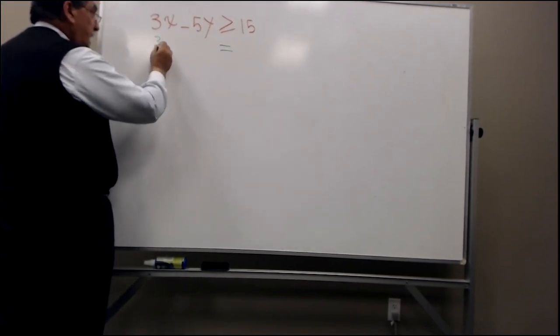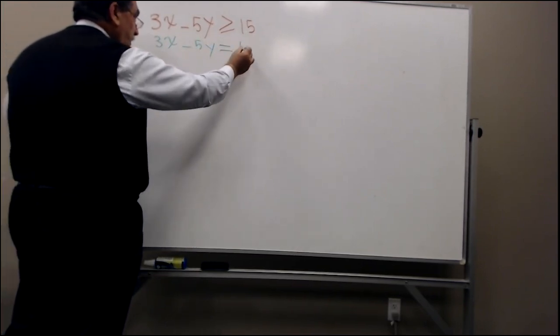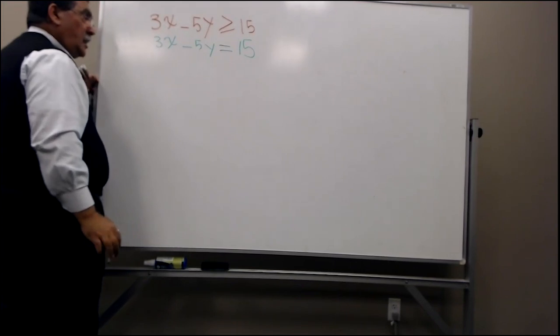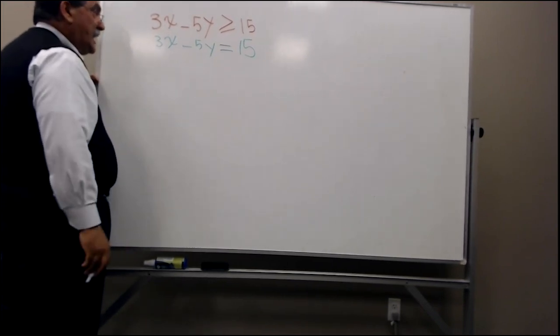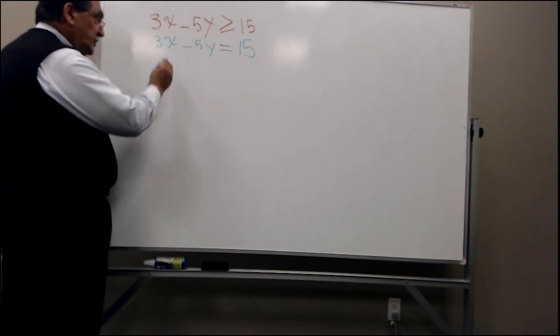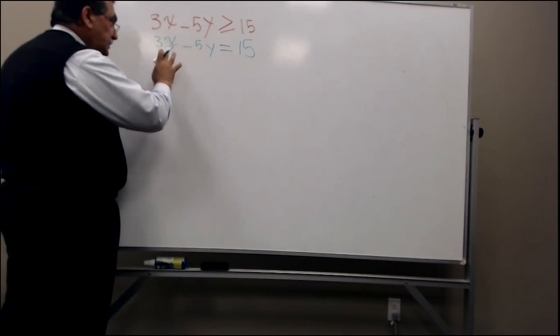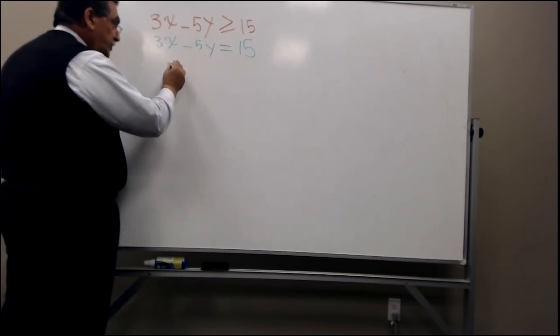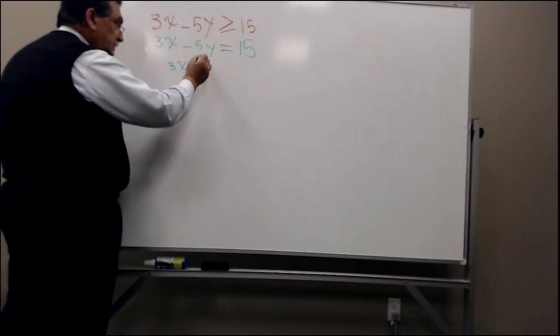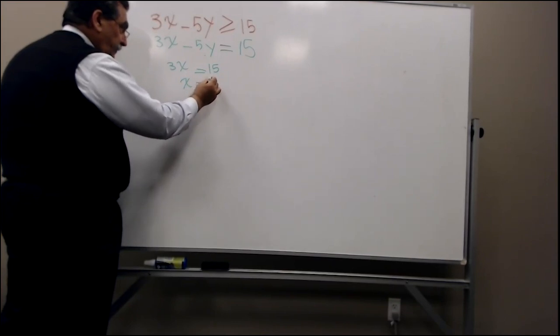So I've made 3x minus 5y equal to 15. Then I say find the x-intercept, where y is 0. If y is 0, then 3x equal to 15, x is 5.